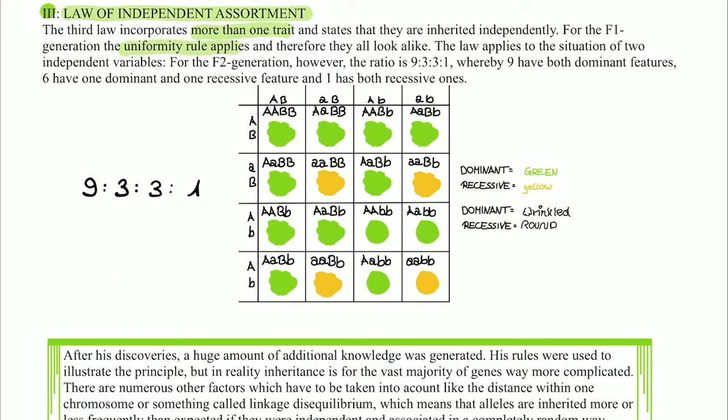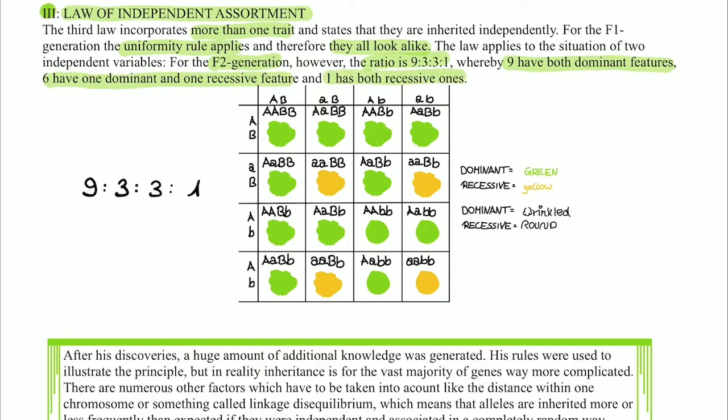But for the F2 generation, the ratio for the phenotype is 9 to 3 to 3 to 1. I'm pretty sure you will understand it if you take a closer look at the figure. Maybe you can pause the video or even try to draw it yourself to get a better feeling for this.